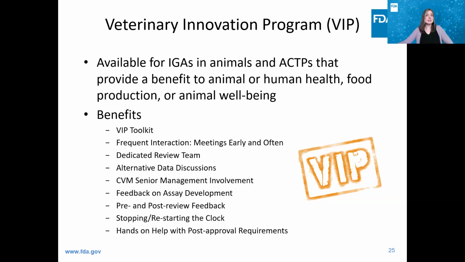These benefits include access to a toolkit with helpful resources to aid you in the review process, frequent interactions between CVM and sponsors, a dedicated review team, opportunities to discuss alternative data strategies to meet requirements, senior CVM management involvement, feedback on assay development, feedback on submissions prior to submission and after conclusion of the review, the ability to stop the clock during the review process to submit data to address deficiencies, and hands-on help for post-market responsibilities.